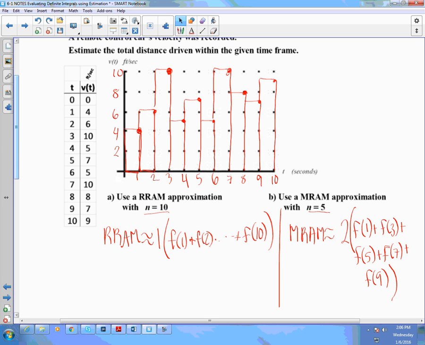There's 4 problems total. On 2 of those problems, you need to do the left-hand approximation. On 2 of them, you need to do right-hand. On 2 of them, you need to do middle. So we can choose. Does that make sense?